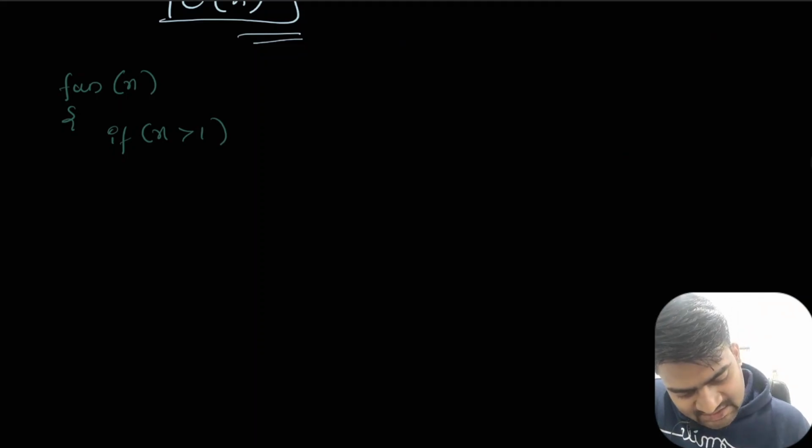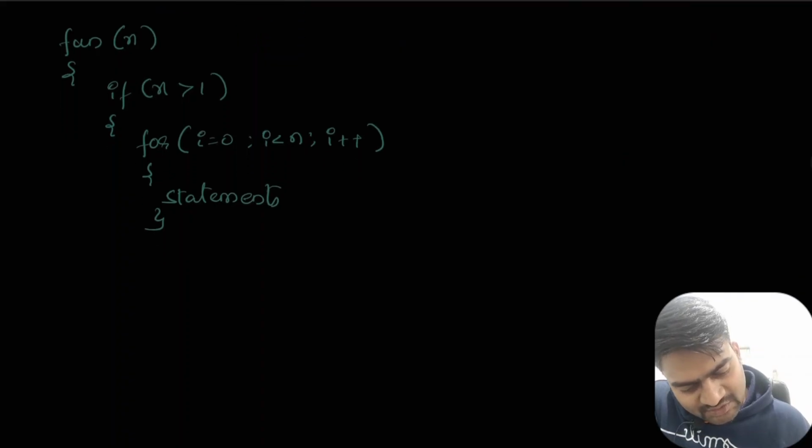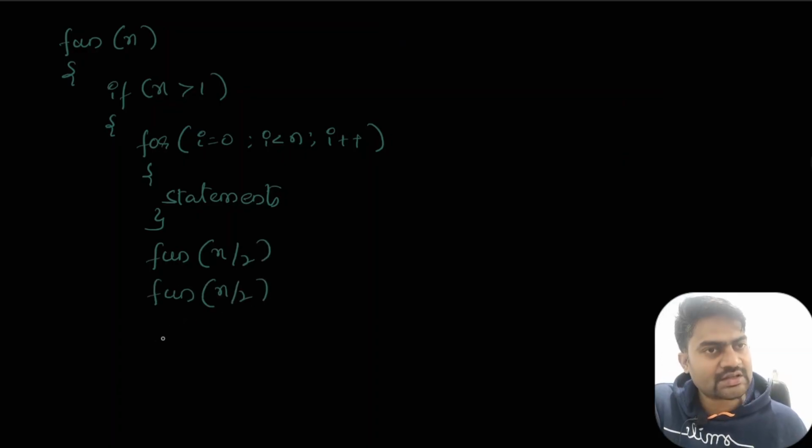If that is the case, what it will do, it will run a for loop from i equal to 0, i less than n, i plus plus. Then it will execute some statements. Okay. Then after that, it will call function n by 2 once and function n by 2 second time. So this is our next example.